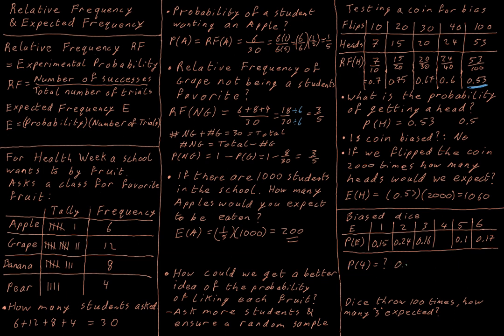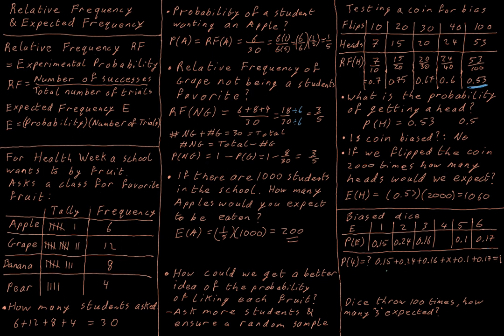So if I add 0.15 plus 0.24 plus 0.16 plus our unknown, which I'll call x, plus 0.1 plus 0.17, this all has to add up to 1. All of my probabilities have to add up to 1.